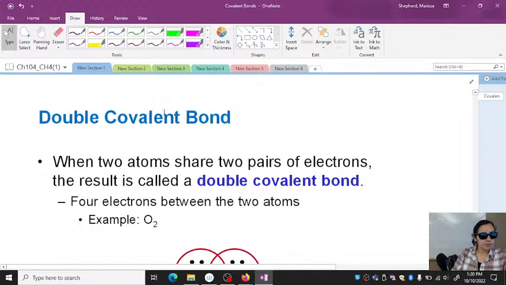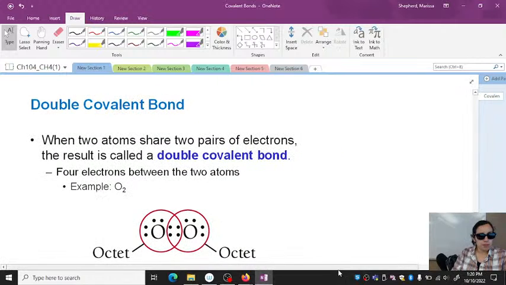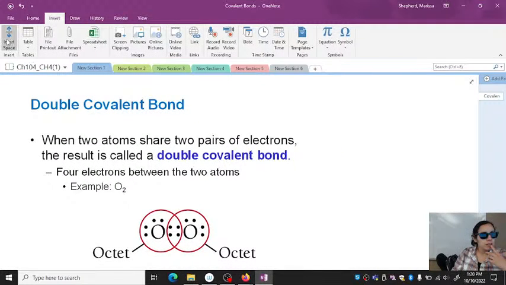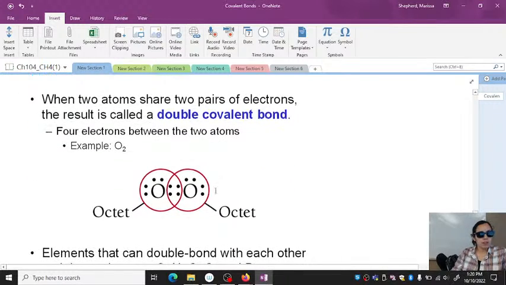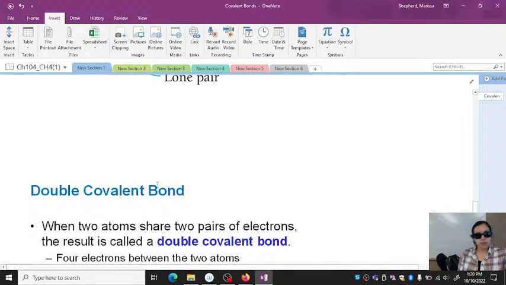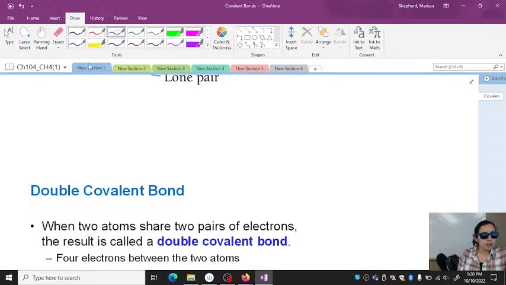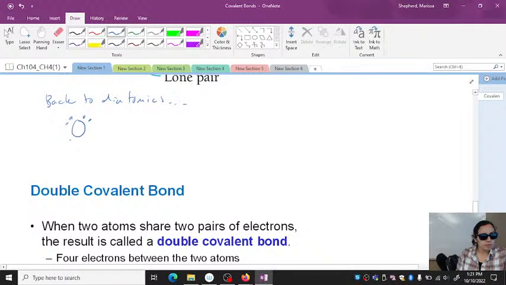And now let's look at a double covalent bond. We see this in O2, but let's go through how we would predict it. So back to our diatomics. Right now we're looking at 2 Lewis dot structures of oxygen.